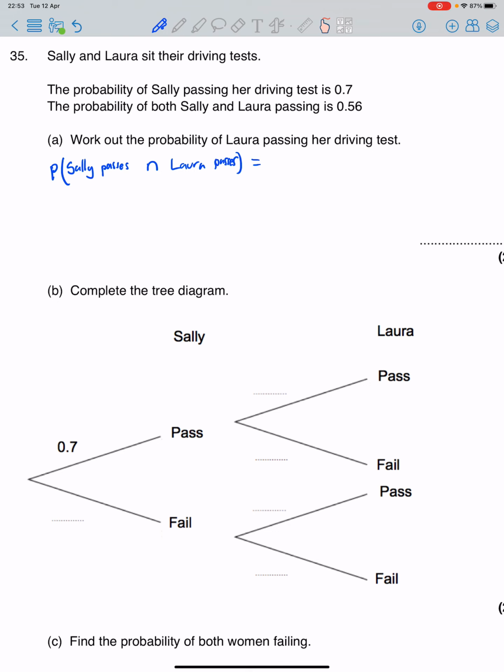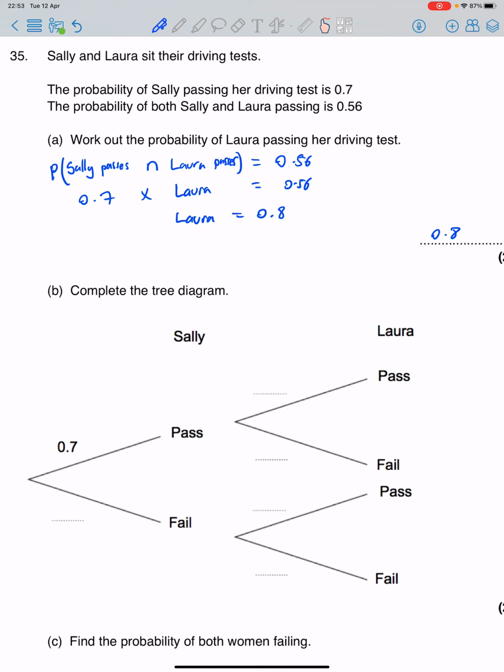So that's going to be 0.56. So we know Sally is going to be 0.7 times Laura, which is equal to 0.56. Well, from our knowledge that 8 times 7 is 56, we conclude that Laura must equal 0.8. So the probability that Laura passes is 0.8.